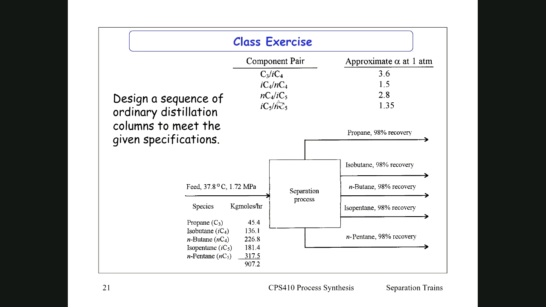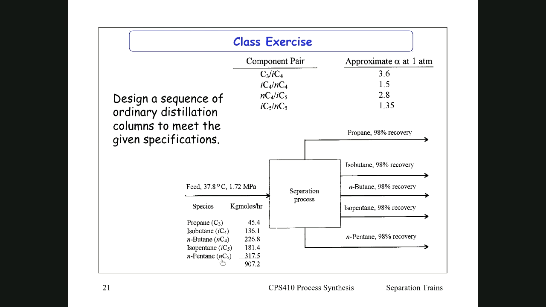When you're trying to separate two isomers of C4, you've got a poor relative volatility. When you've got two different species, C4 and C5, it's a relatively good relative volatility, and when you're separating the two C5s, it's a poor relative volatility. So those are the relative volatilities, and then what's also important is the molar flow rate of each of these components. So we've got propane, isobutane, and there you can see that one of the biggest flow rates is the N-pentane.